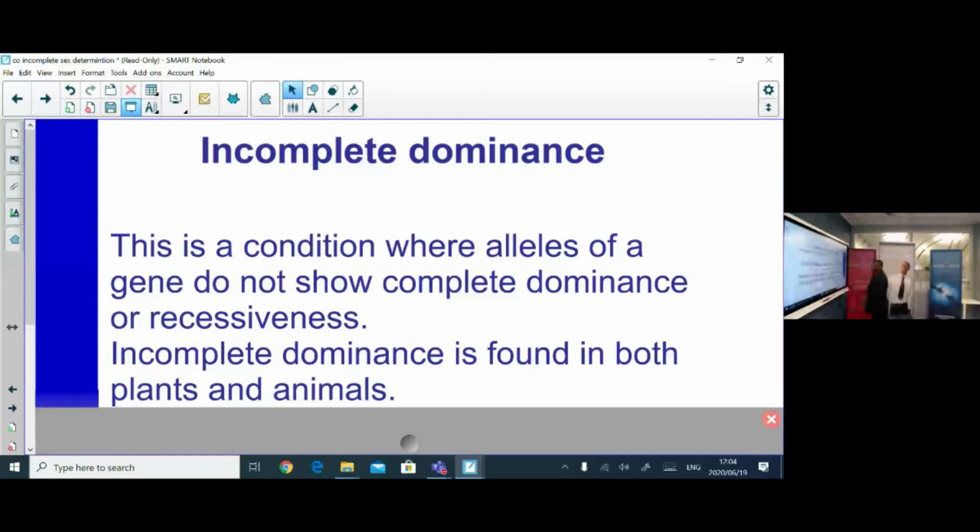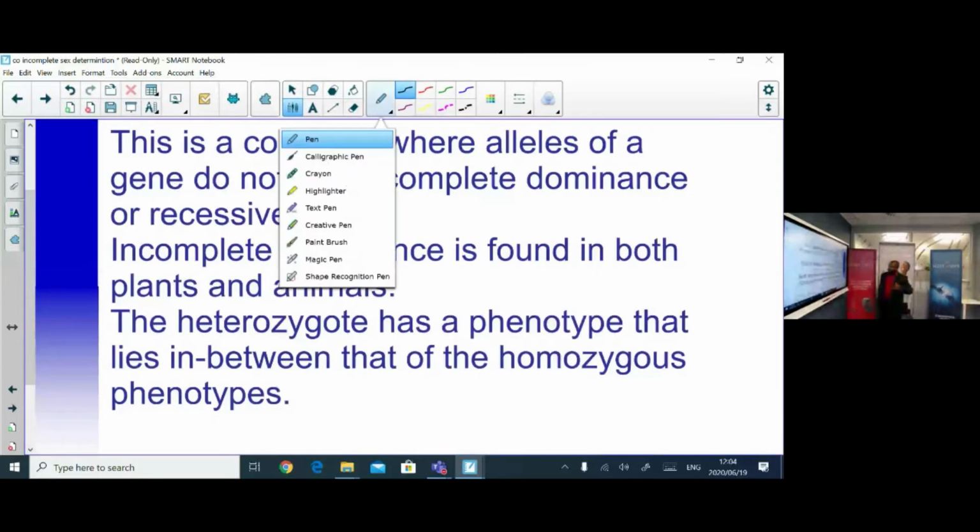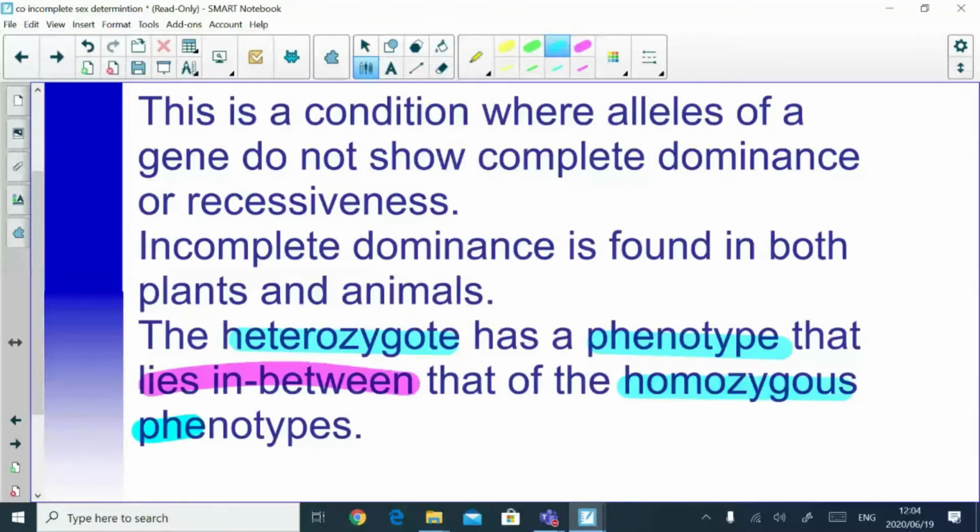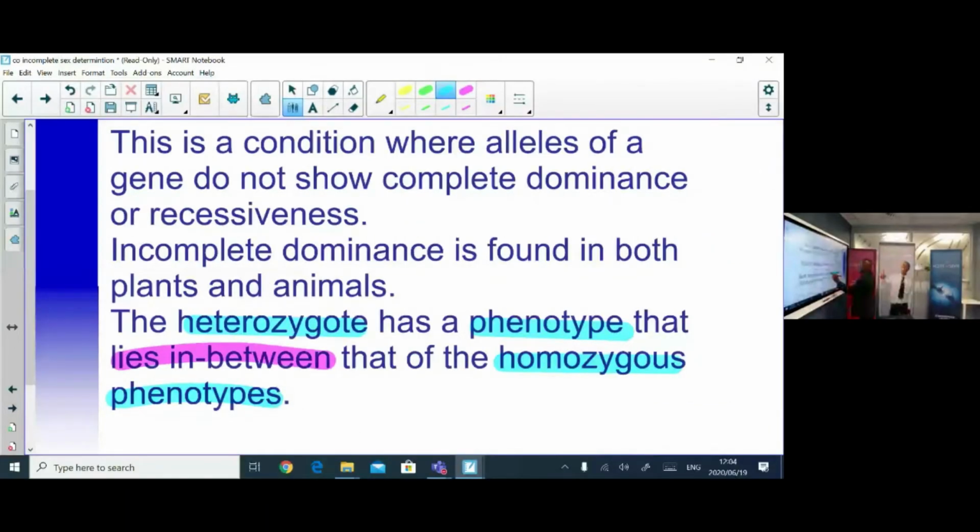So in this case, the heterozygous condition has a phenotype that lies in between that of the two homozygous phenotypes. I hope I'm not confusing you.